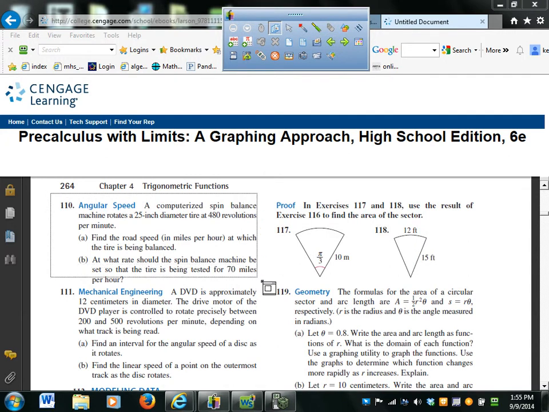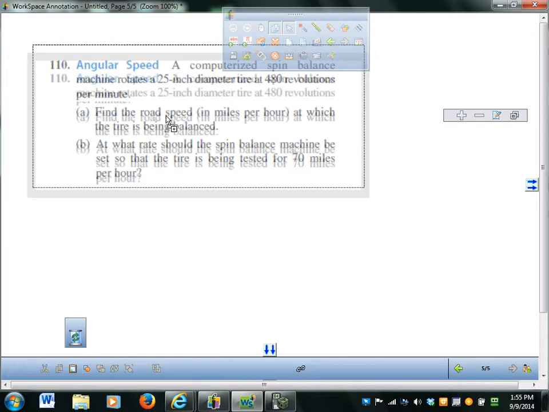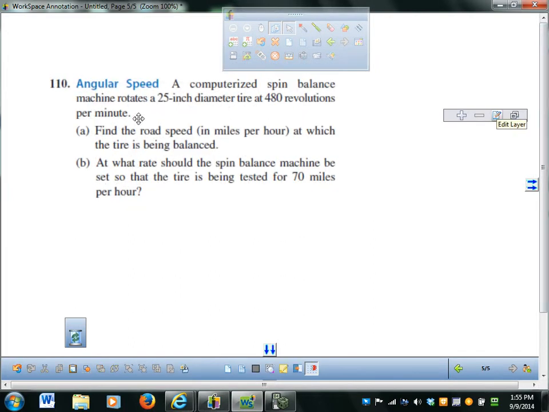So angular speed, we're looking for angular speed. Similar to the last problem, but we have more conversions to make. A computerized spin balance machine rotates a tire at 480 revolutions per minute, and the diameter is 25 inches.